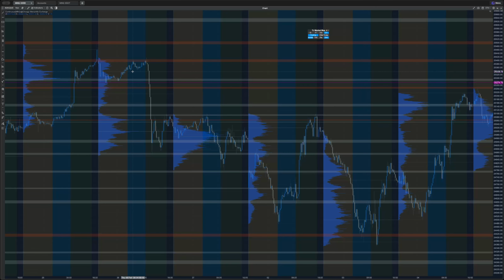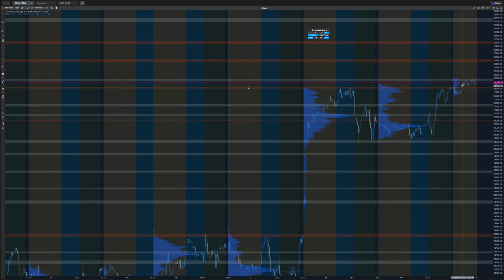We need to go back here. That's the support area, and I anticipate that this one is going to be a resistance. That one was from the 26th of February, and that area got tested here. It was a support area, and now it's going to be a resistance area.